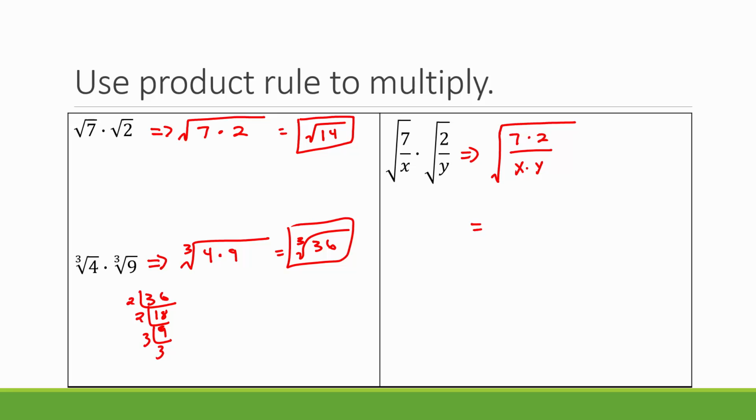Then just multiply those out. 7 times 2 is 14. And you're about to see in a minute that if we could have simplified either one of those individually, then we could split that up and make the square root of 14 over the square root of xy. But since I cannot simplify either one of those by using the square root, then I will leave it just like that.